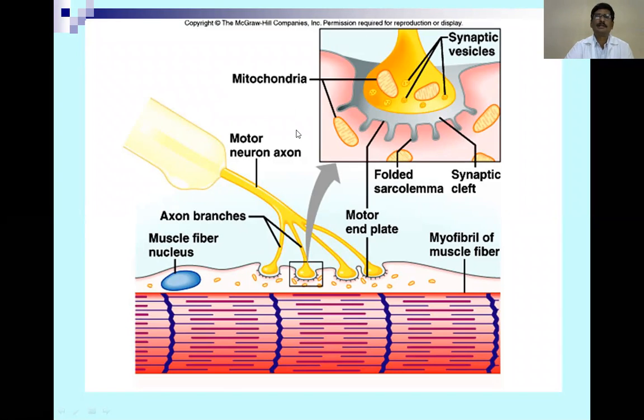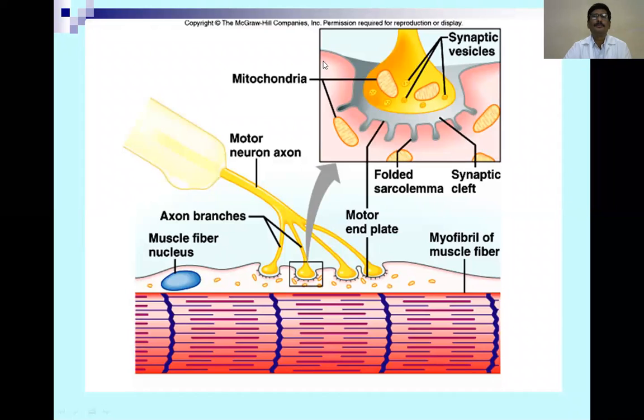In this area, you will find so many mitochondria, indicating that high metabolism is happening, and there are so many vesicles containing the neurotransmitter, which in this case is acetylcholine.